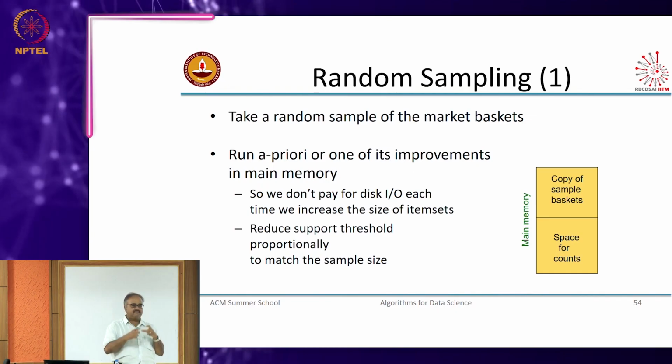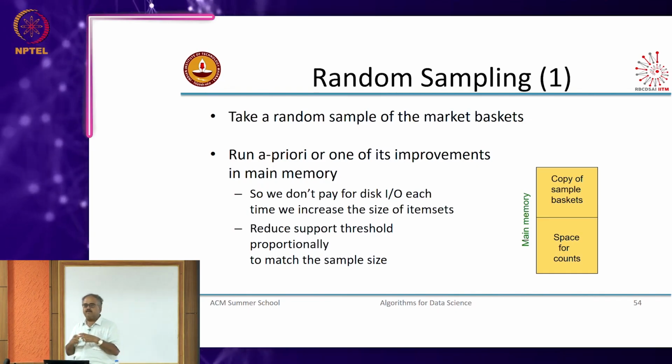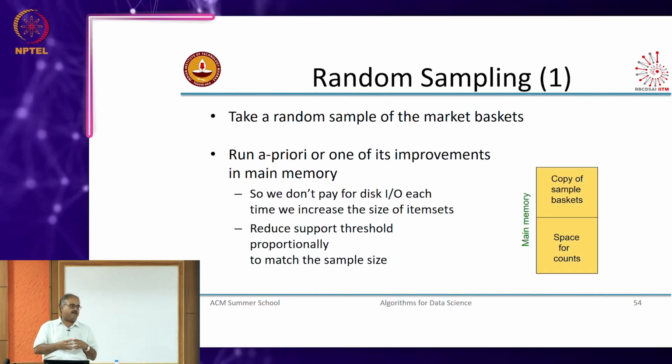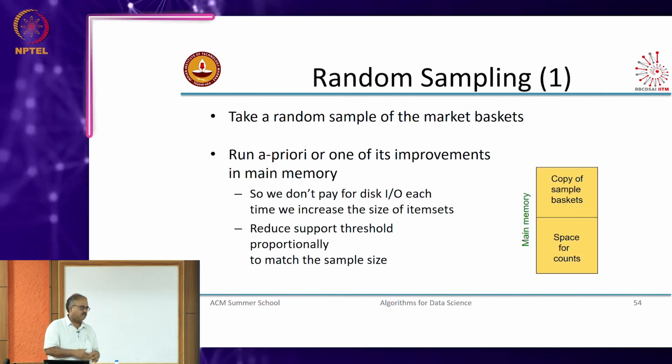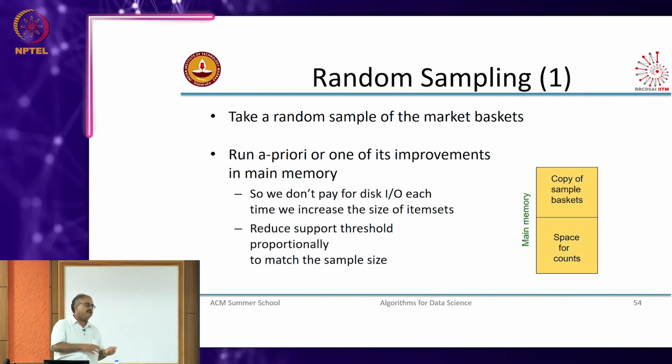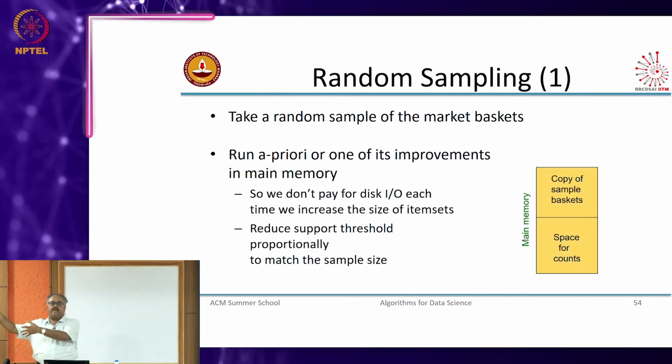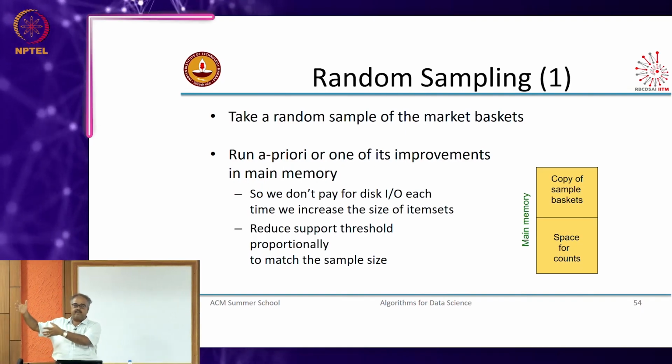Because you run it on only 1/100th of the data with 1/100th of the threshold, that does not guarantee that these will actually have the threshold s in the full data.